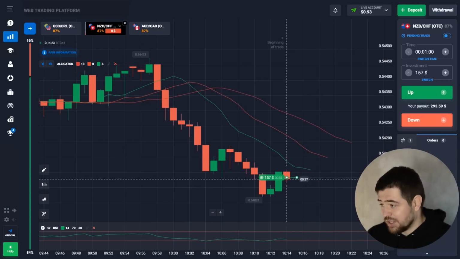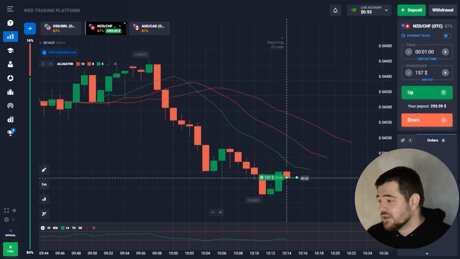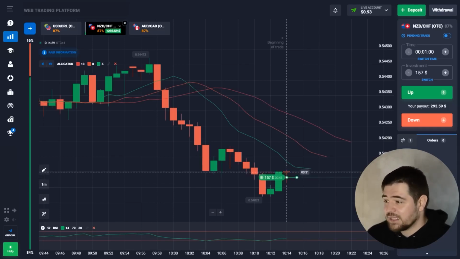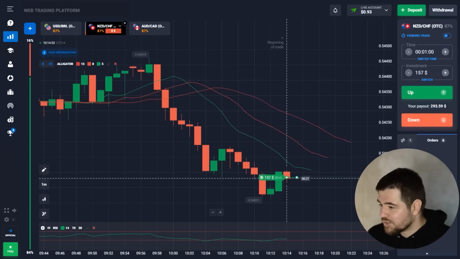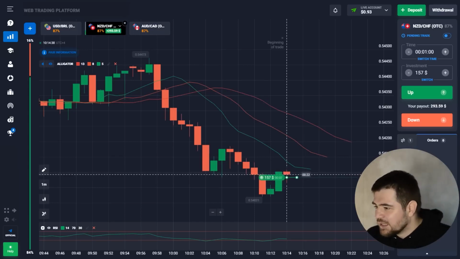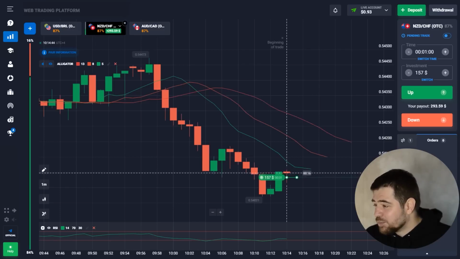So call option here. Why? Because everything is showing us the opposite, right? But we kind of entered a flat here a little bit. So it was a pullback, but then it didn't go down again.